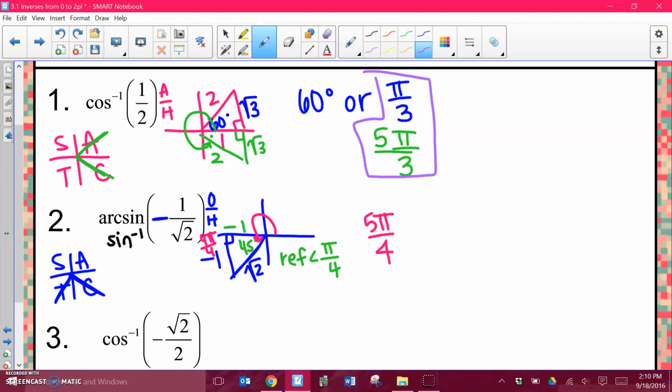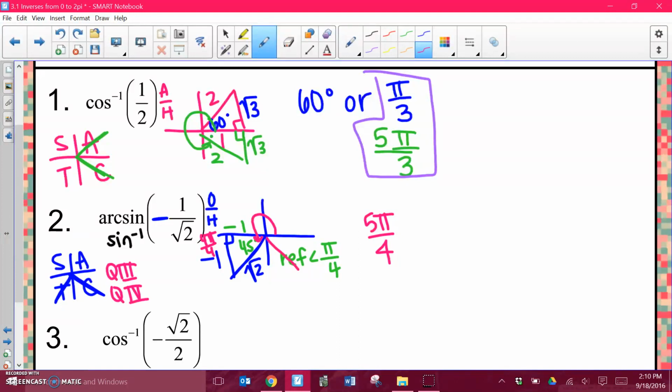But wait, you said, there's another place on my unit circle or on my coordinate plane where sine is negative. Underneath the x-axis is where sine is going to be negative. So I'm going to have an answer that's in quadrant 3, and I'm going to have an answer that's in quadrant 4. And again, they're going to share the same reference angle.